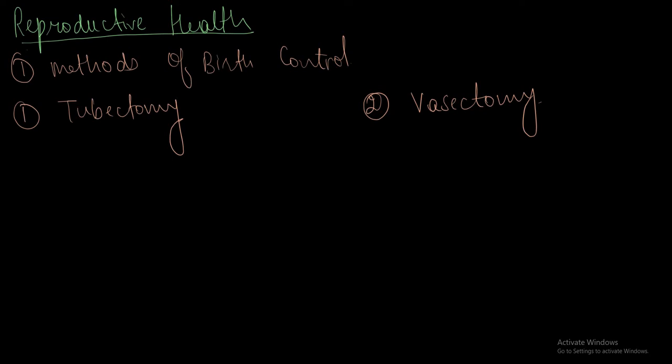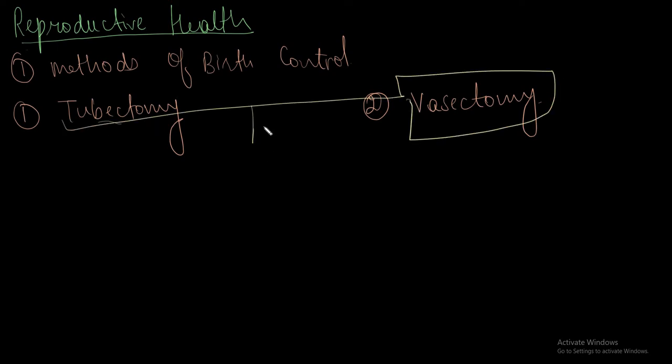Tubectomy is the surgical process done in females in which the fallopian tube is cut and tied up with threads. And vasectomy is done in males in which the vasa deferentia is cut and tied up with threads. So both these methods are surgical methods.